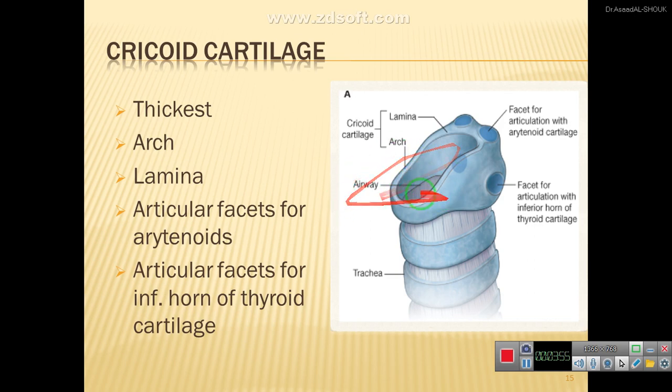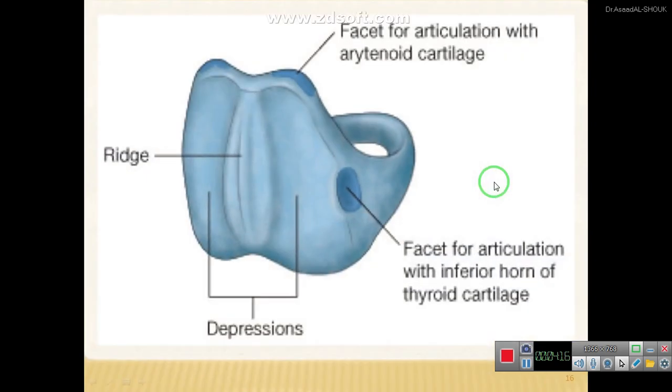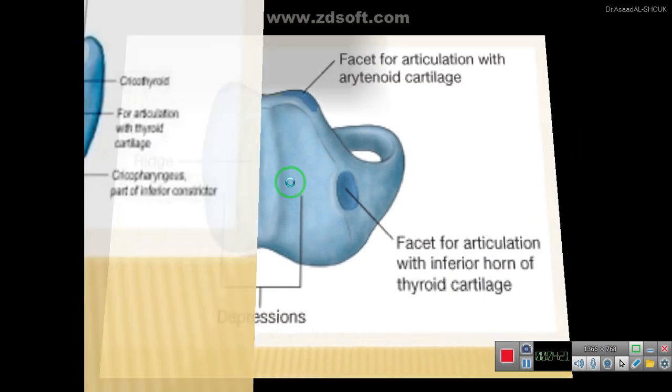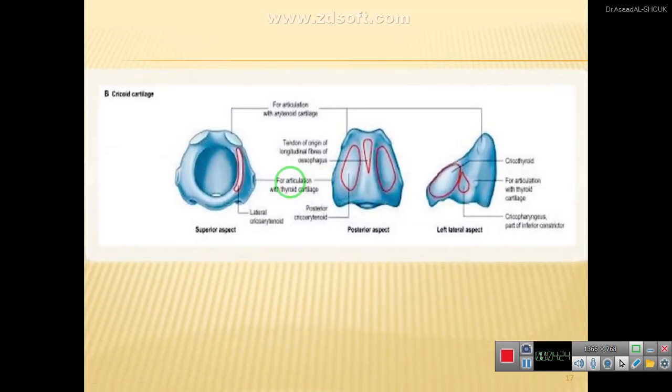The cricoid cartilage consists of arch and lamina, articular facets for arytenoid here, and articular facets for the inferior horn of the thyroid cartilage, as we said before, this one. You can see here, this is another view of the cricoid cartilage. This part is called the lamina, and this one is called the arch.